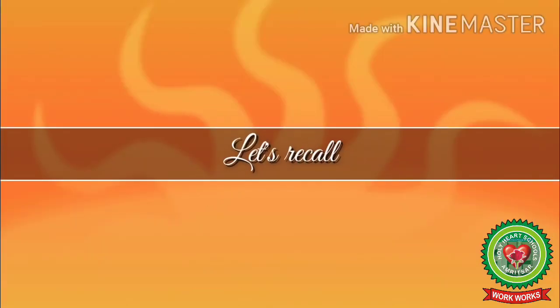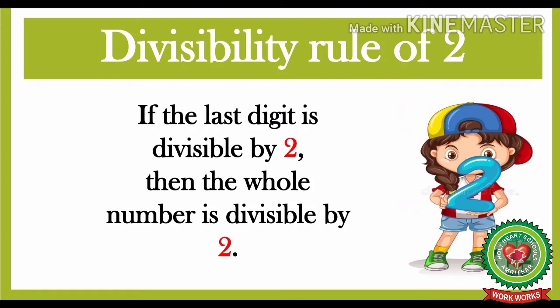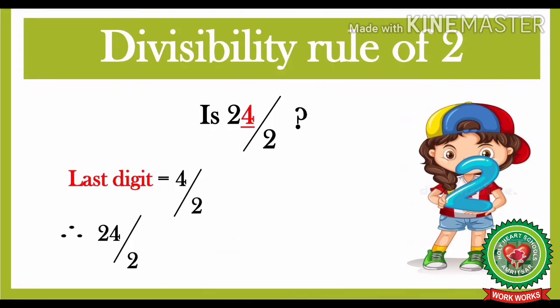Now let's recall what we have learned today. First of all, we have learnt the divisibility rule of 2, that is, if the last digit is divisible by 2, then the whole number is divisible by 2. To find out whether the number is divisible by 2 or not, first of all, we will underline the last digit.